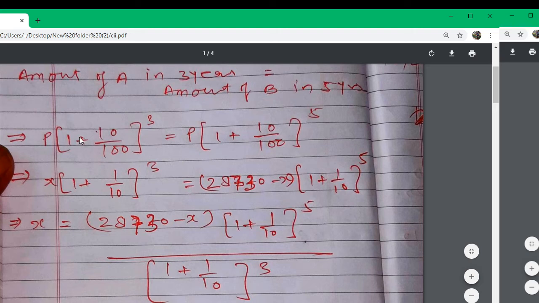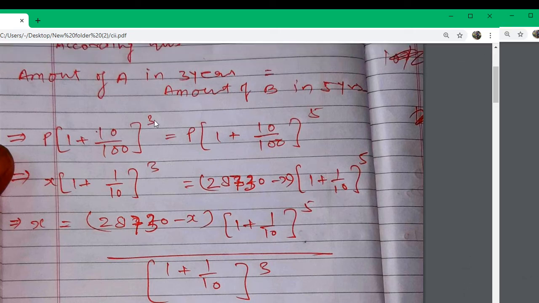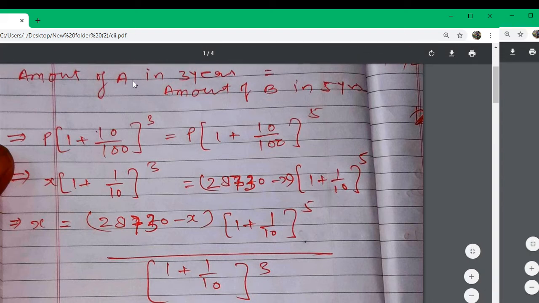You know that the amount is equal to P into 1 plus R upon 100 to the power N. So in place of principal I have written P, 1 plus R upon 100, the rate is 10% and the time is 3 for A, is equal to principal into 1 plus R upon 100 to the power 5, because the time is 5 years for B.